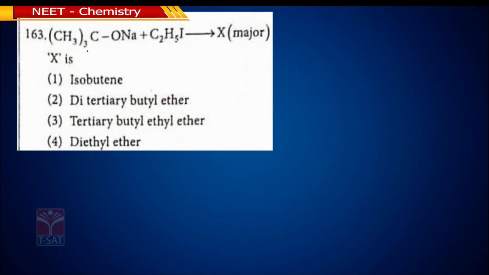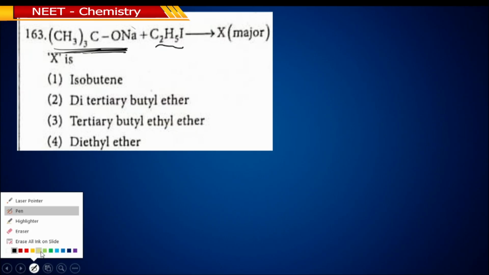And see the next question. This is tertiary methyl carbon here. It means tertiary butyl, sodium alkoxide. This is what? Sodium alkoxide reacts with ethyl iodide. So, what will be the reaction he is asking?